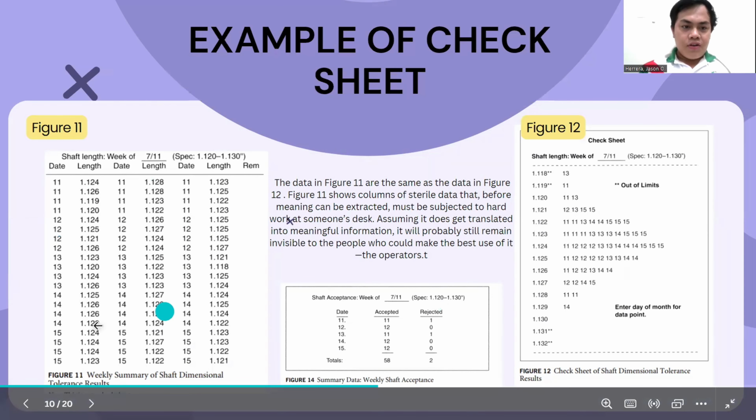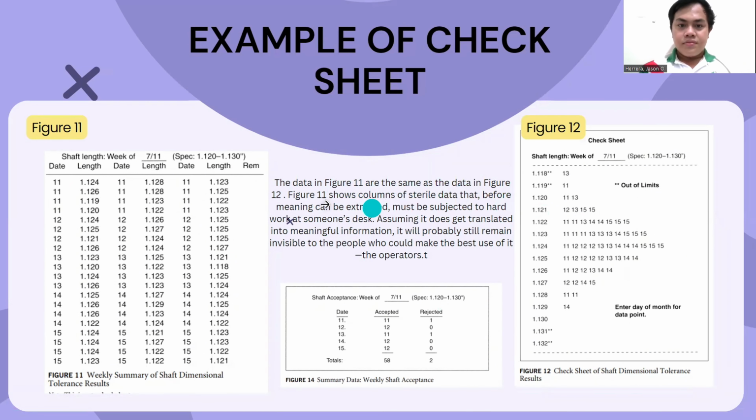On this side, you can see in Figure 11, this is the summary of shaft dimension tolerance results. The data in Figure 11 are the same as Figure 12. Figure 11 shows columns of historical data where the meaning can be extracted only by hard work at someone's desk. Even once translated into meaningful information, it may still remain invisible to the people who could make the best of it, the operators.